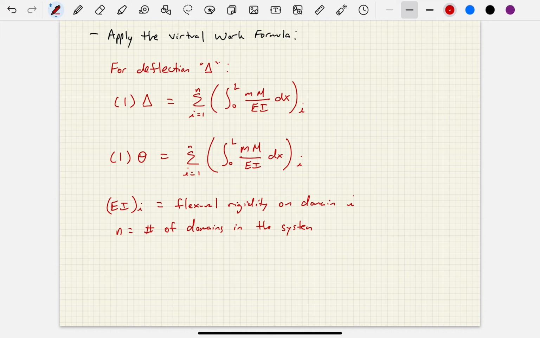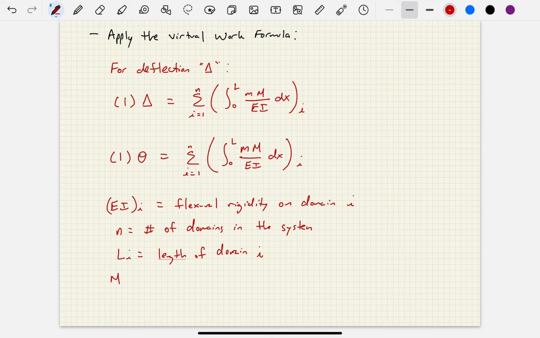What about L sub i? Notice that we have these L's in the integrals. Well, L sub i is the length of domain i, okay?